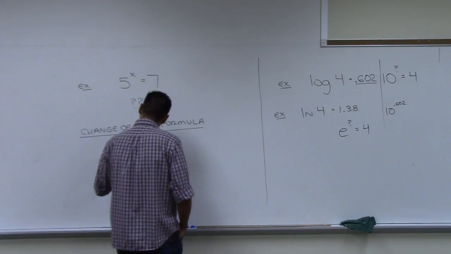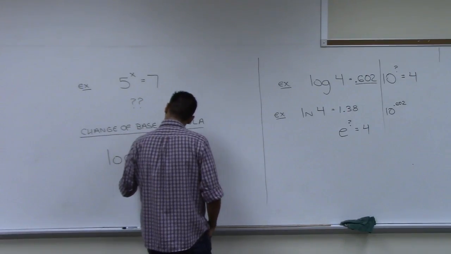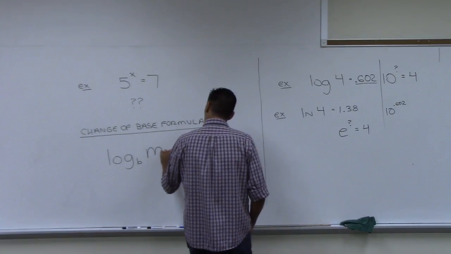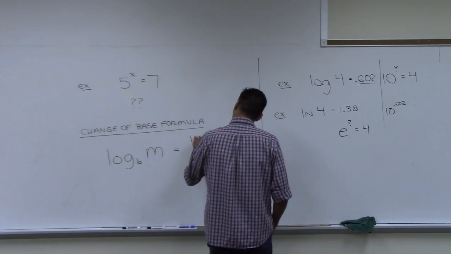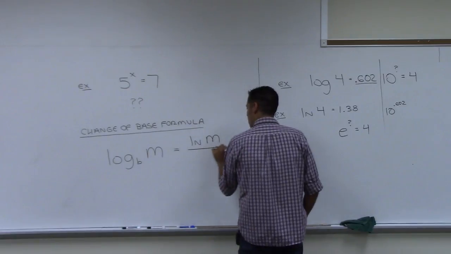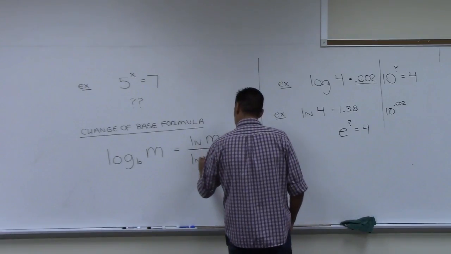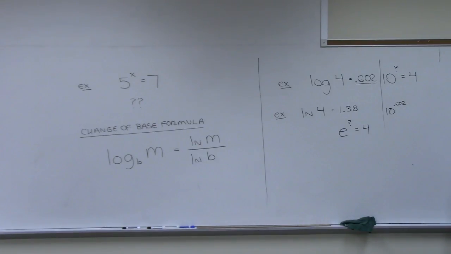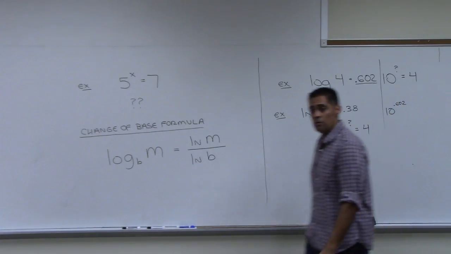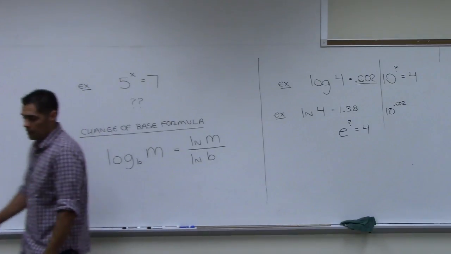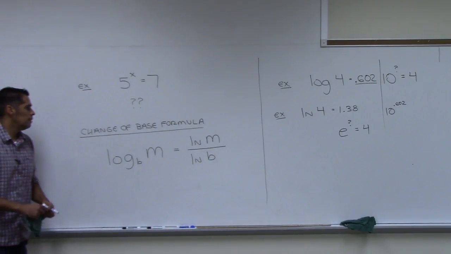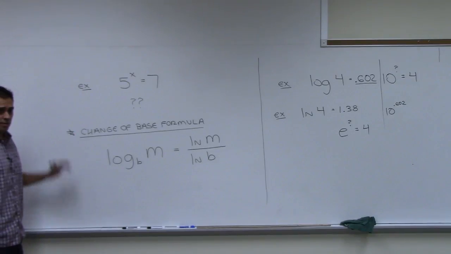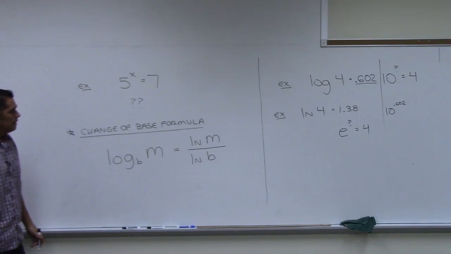Log base b of m equals natural log of m over natural log of b. This is a very, very powerful and useful formula. I did not give that formula to you last class, so this is the first time you're seeing it.